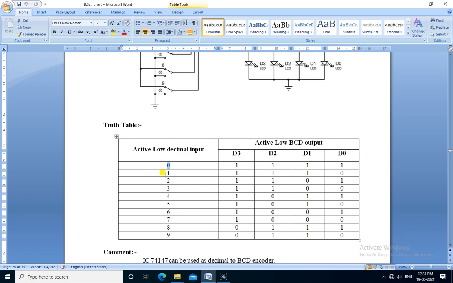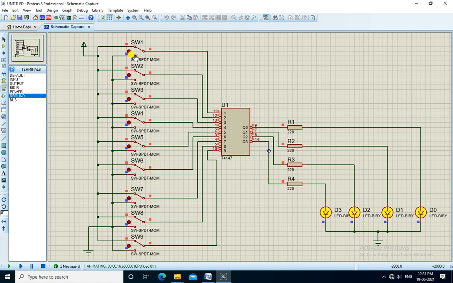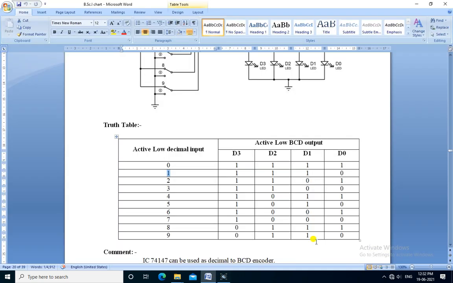Now we apply the next input, that is 1. We connect it to ground, so the number 1 input is low, so the output is 1110.